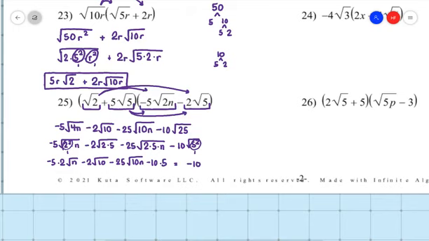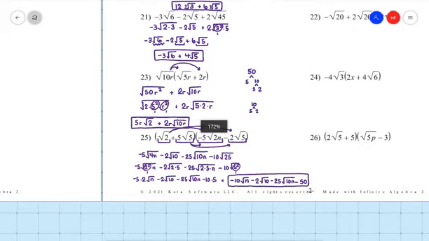We've got negative 10 square root of n, negative 2 square root of 10, negative 25 square root of 10n, and minus 50. And then none of them match, so we would have to stop there, and that would be our final answer.